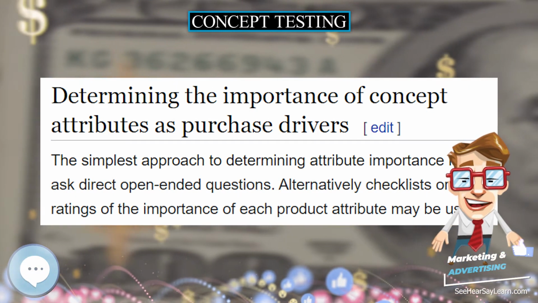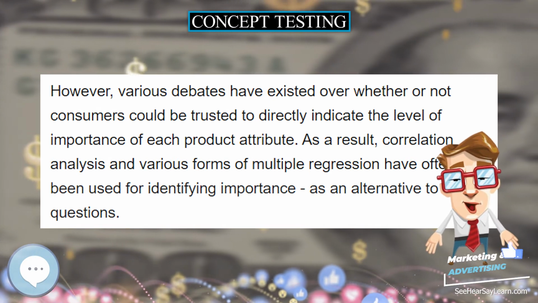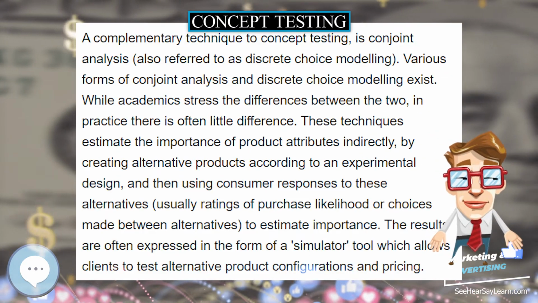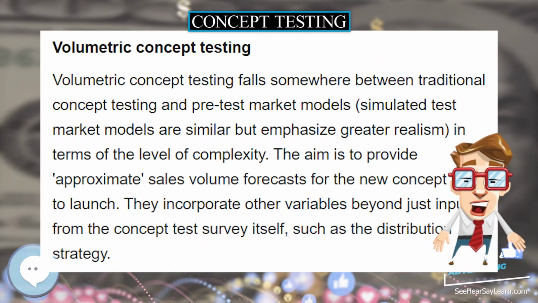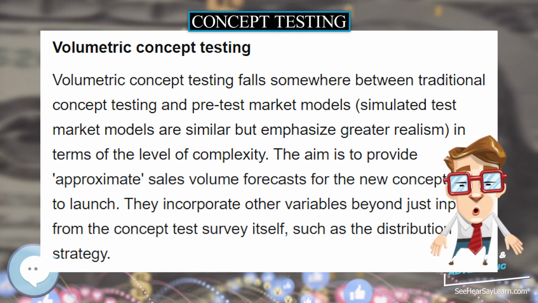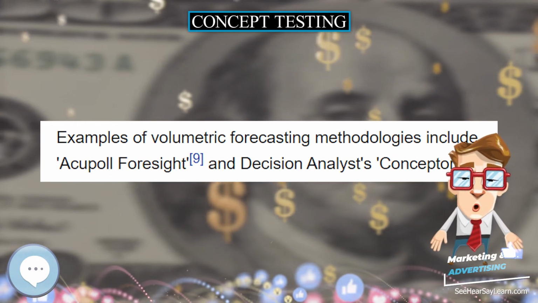A complementary technique to concept testing is conjoint analysis, also referred to as discrete choice modeling. Various forms of conjoint analysis and discrete choice modeling exist. While academics stress the differences between the two, in practice there is often little difference.